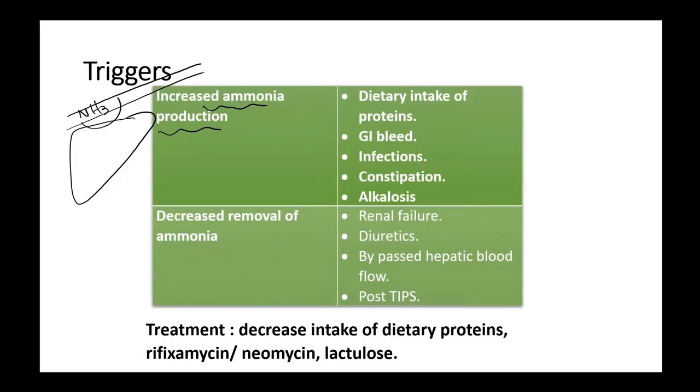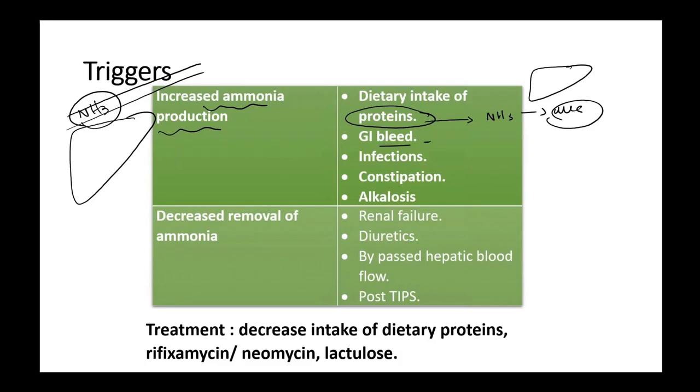On the top of this abnormality, there are certain other things which can increase ammonia level. Increased protein intake. So protein, we all know, is converted into ammonia and then converted into urea. If liver is not there, if you consume more protein, more ammonia level.